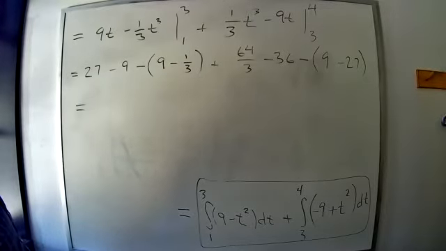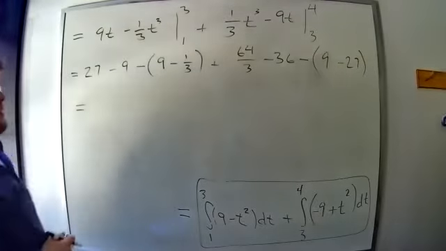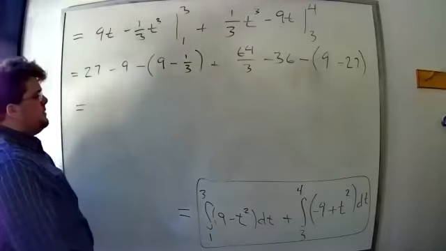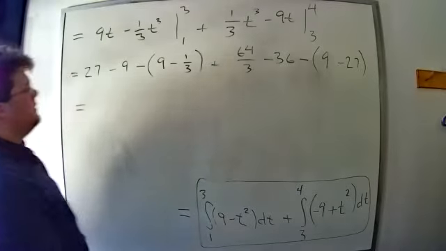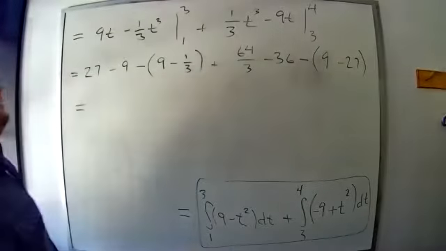Meaning, there was a lot in a line like this of immediately giving everything a denominator of 3. And that's not entirely necessary. Because what we can do instead is count whole numbers and then count thirds. And then we won't have to think of like 27 times 3, 36 times 3.